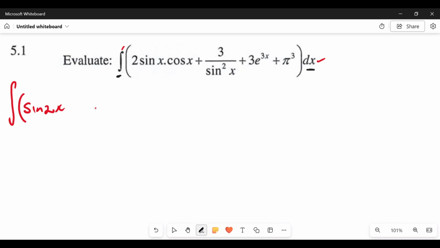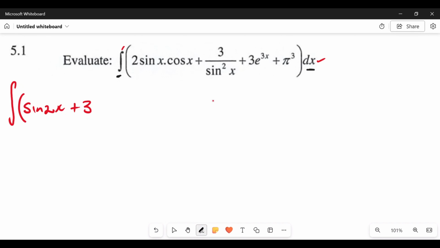Now let's go to term number 2. Now we say plus. We have 3 over sine squared x. Now we cannot integrate with this type of term here. We need to simplify it. Now this 3, we can keep it on the numerator, but then we need to use the inverse in order for us to get rid of this sine on the denominator.